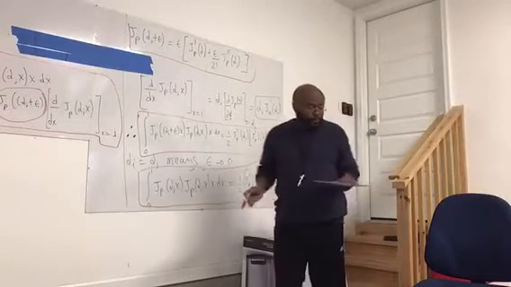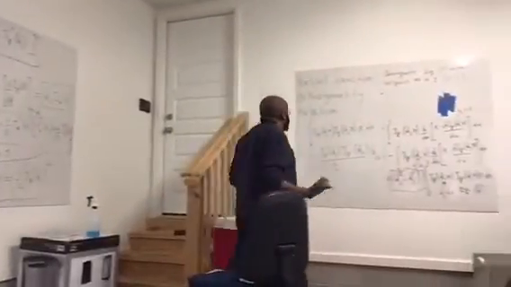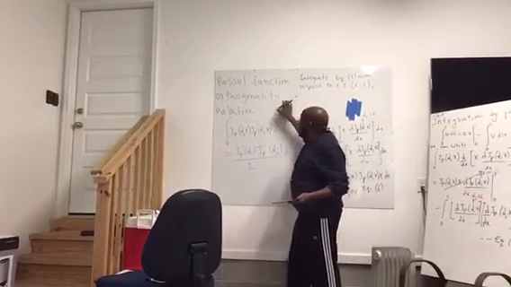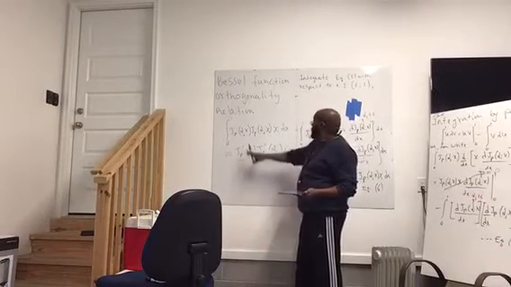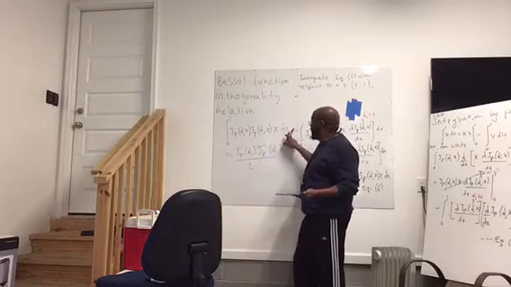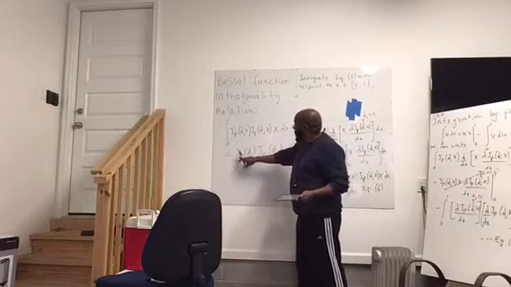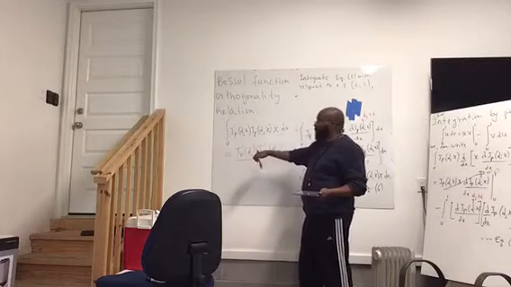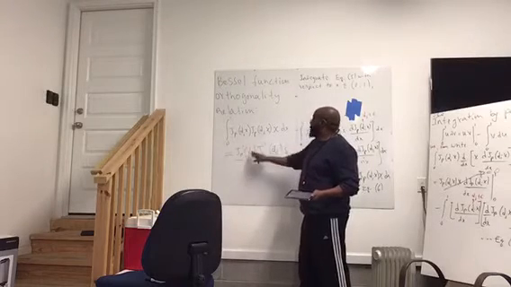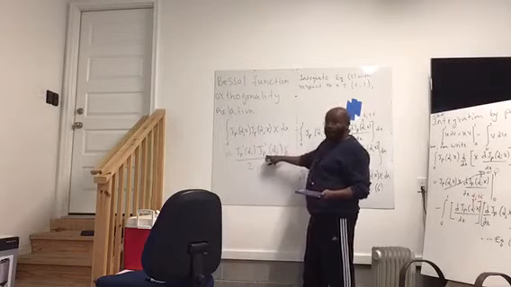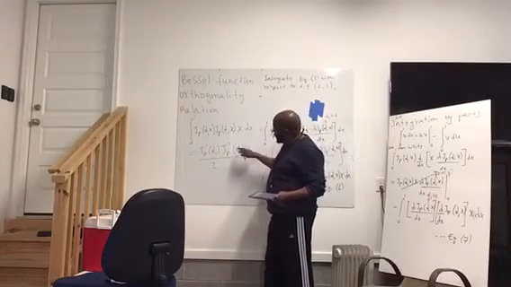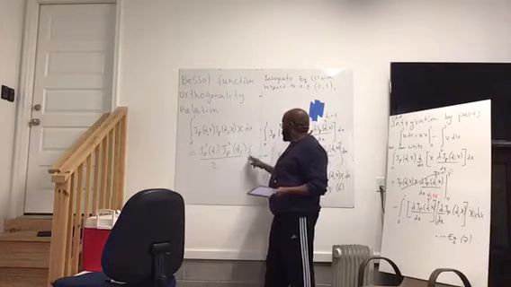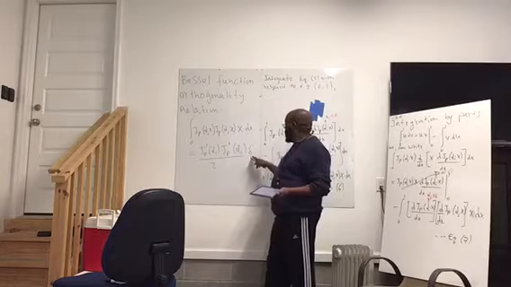So therefore, the Bessel orthogonality relation can be written as the integral of J_p(alpha_i x) J_p(alpha_j x) x dx equals J_p prime of alpha_i squared, which means the first derivative of the Bessel function evaluated at alpha_i, that's what the primes represent, times the canonical delta ij.